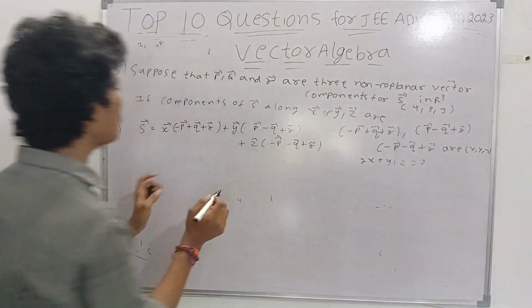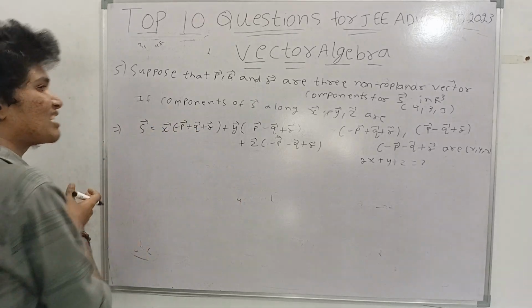These three are the components of x, y, z when S vector is along x, y, z.